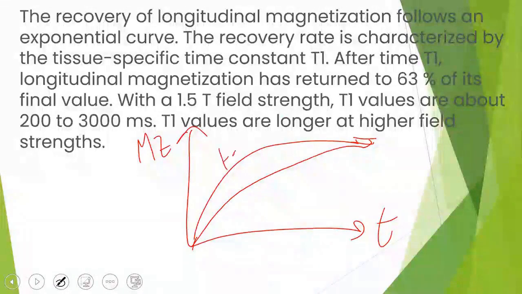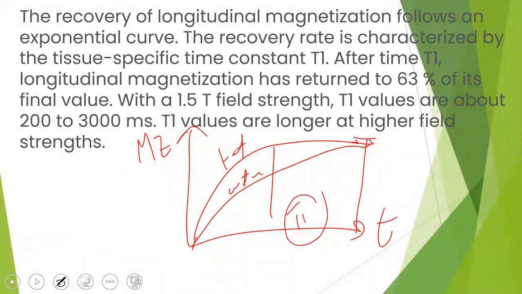Fat is above and water is below. If I choose a time that is too far apart, there will be no difference between the two, so the signal will not show any difference between fat and water. I need to choose a short time, to ensure there is a difference between fat and water in the Mz. In this case, I choose an image based on the T1 difference, so I call it a T1 weighted image.